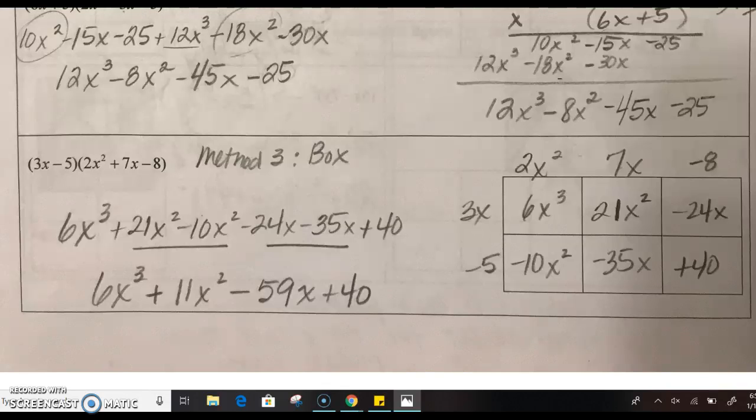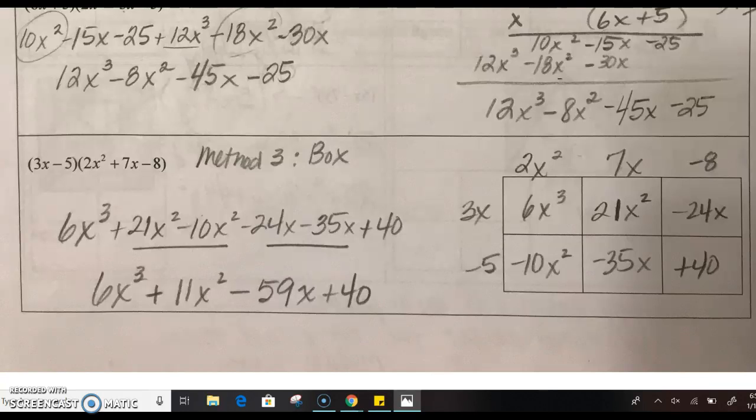And then I have negative 5 times 2x squared, which is negative 10x squared. 3x times 7x is 21x squared. Negative 5 times 7x is negative 35x. And then negative 5 times negative 8 is positive 40. And I did 3x times negative 8, which is negative 24x.